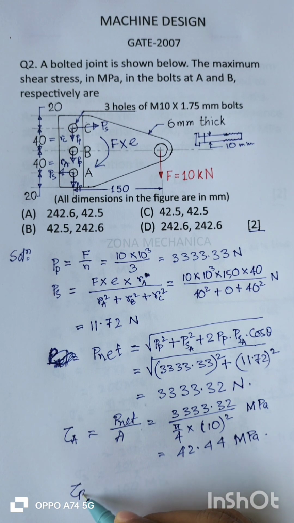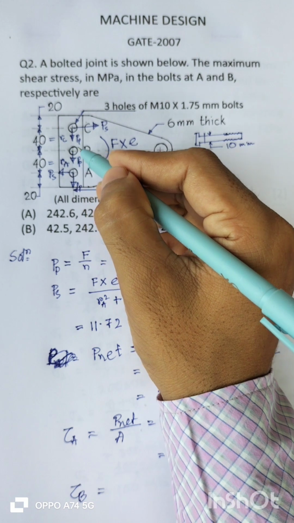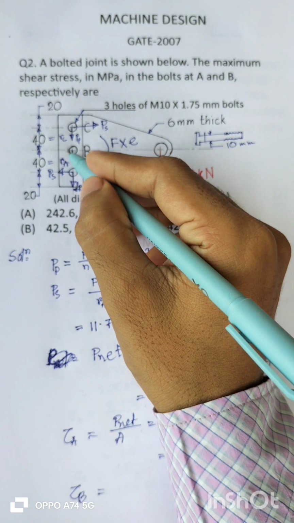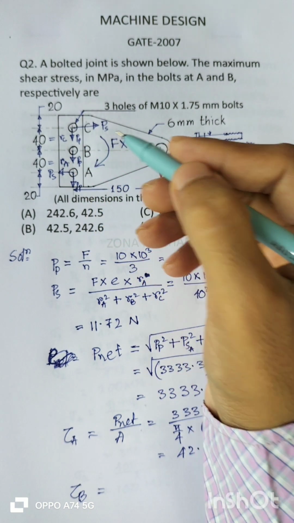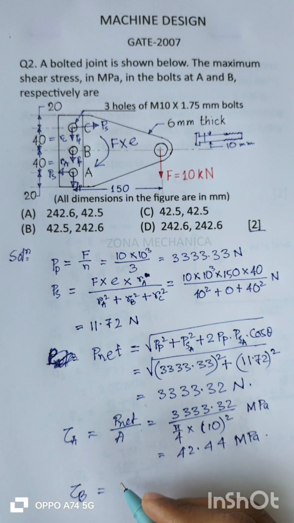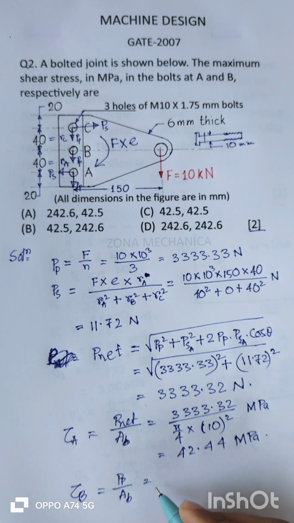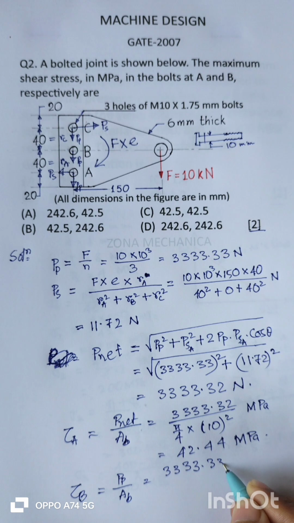Now the shear stress at bolt B, that is the load acting in bolt B by the area, right? Cross sectional area of the bolt. See, in B only the primary force is acting, right? That is PP by area of the bolt, that is 3333.33 by pi by 4 into d square, that is 10 square, right?